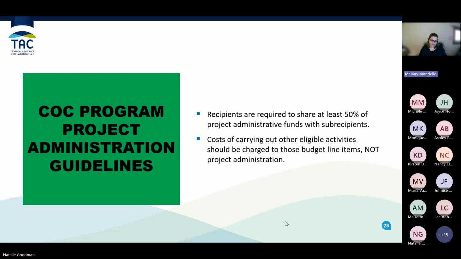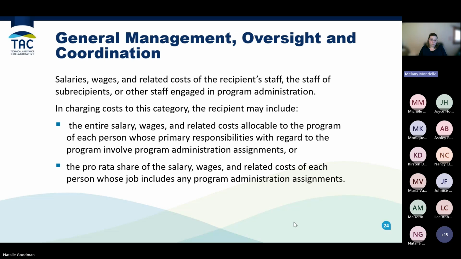We're going to do a couple slides, a deeper dive into what HUD means by general management, oversight, and coordination, because again, these are really big terms that are really high level. The two things that they mean here are the salaries, wages, and related costs of recipient staff or subrecipient staff engaged in project administration.